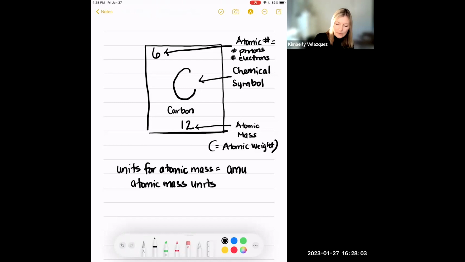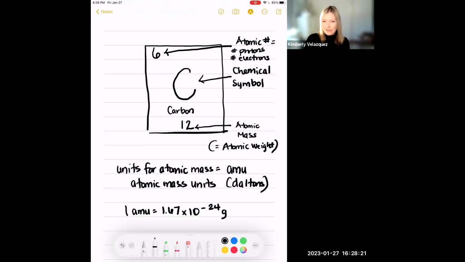You'll also sometimes see it written as Daltons. And there is a specific mass associated with that. If you're curious what it is, one atomic mass unit is 1.67 times 10 to the minus 24 grams. So that is a very, very, very small mass.